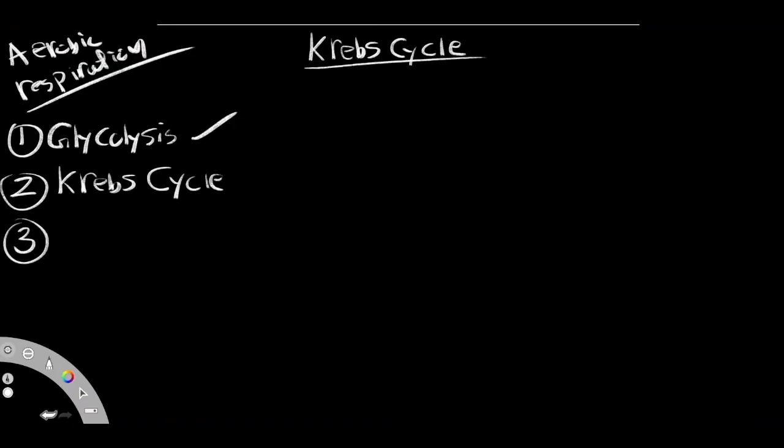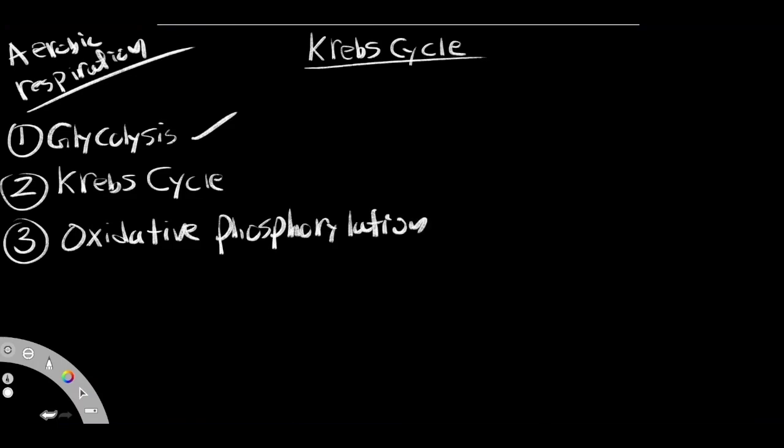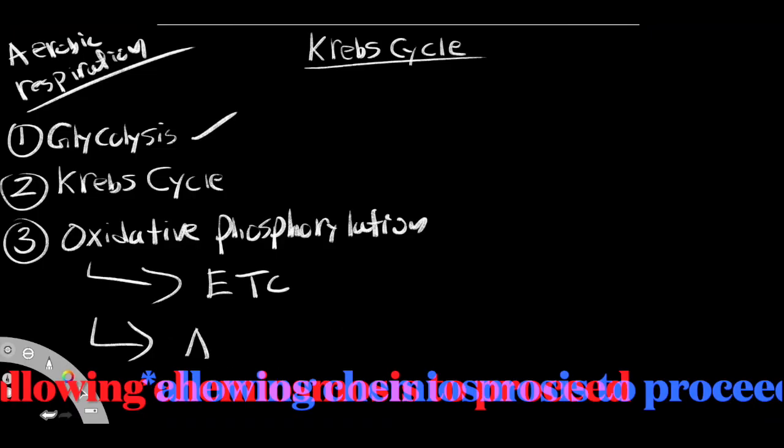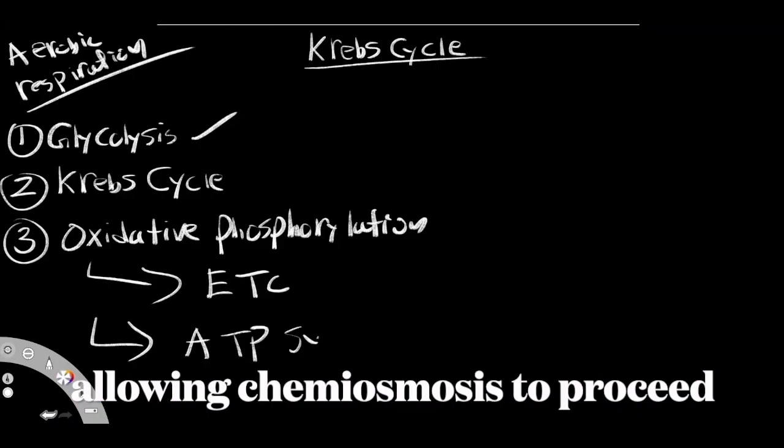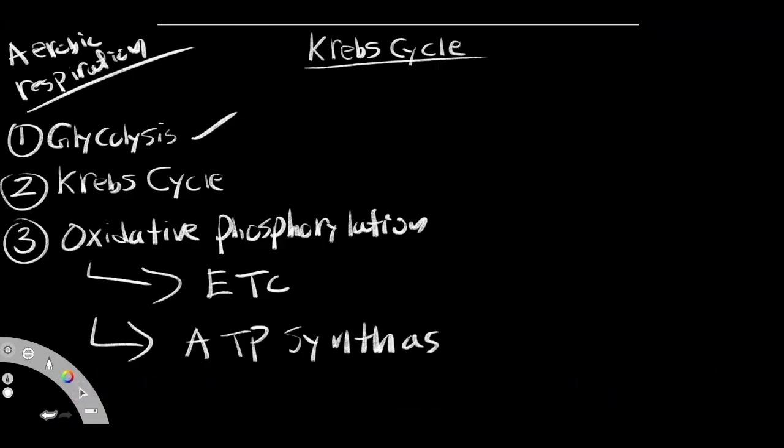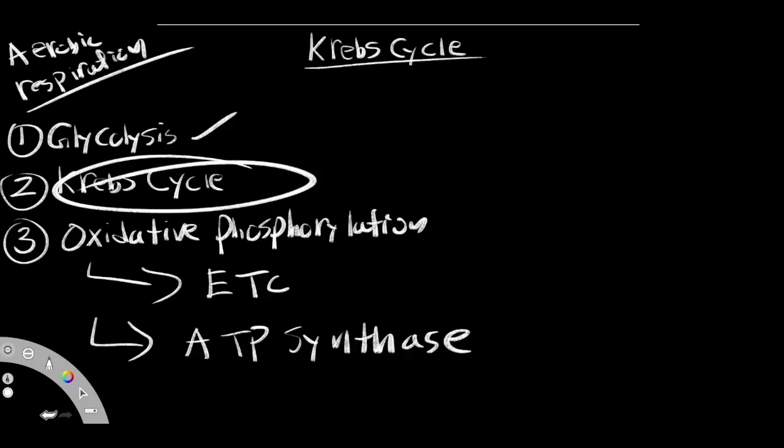And our third phase is oxidative phosphorylation. And that's split up into two subcategories, our ETC, the electron transport chain, as well as ATP synthase. So let's tackle this one right now.